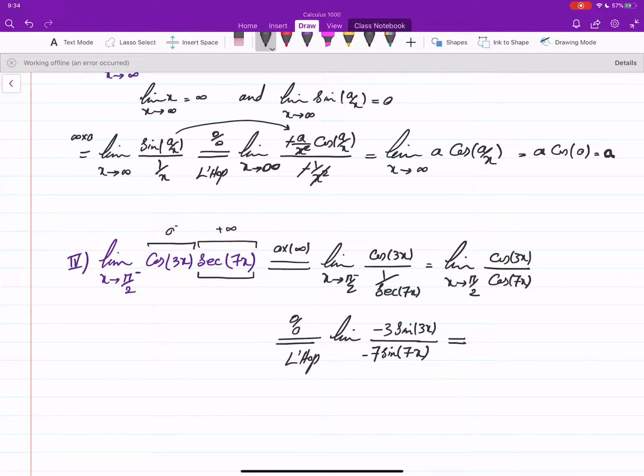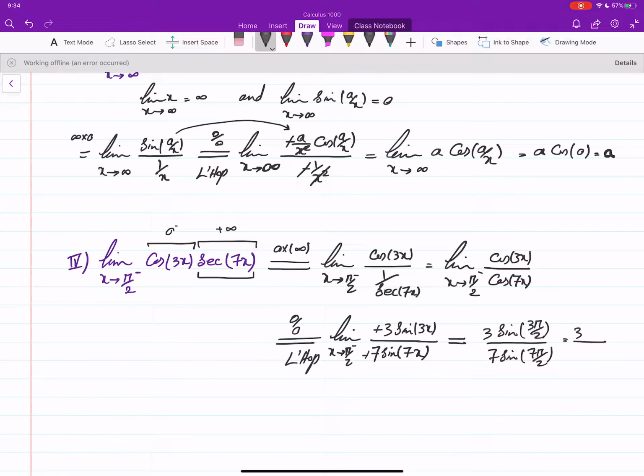Now, x approaches pi over 2 from the negative side. So this goes away, and then the limit, you can just go ahead and do this. This is 3 sine of 3 pi over 2 over 7 sine of 7 pi over 2.